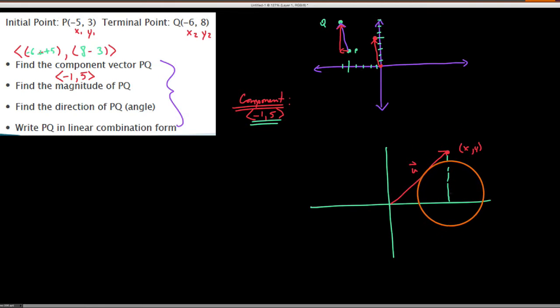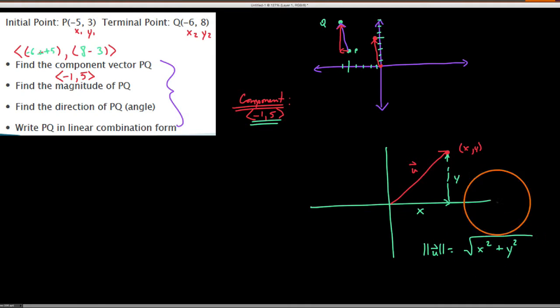What this would mean is we know a couple of things about this. We know that the height of this is y and the width of this is x. And these are the components, horizontal and vertical, for this vector u here. If I want to have the magnitude of u, then it is fair to say that it's really just using Pythagoras here. It would be the square root of x squared plus y squared, where these are just the components of this vector here. So we have the x component and the y component.